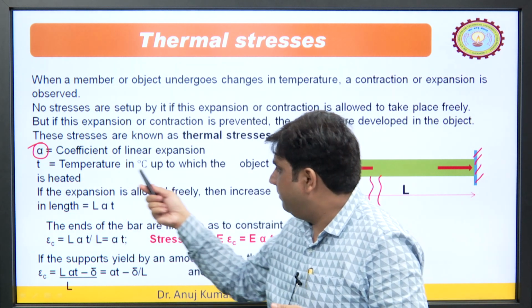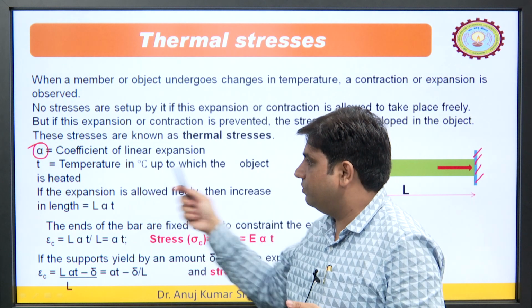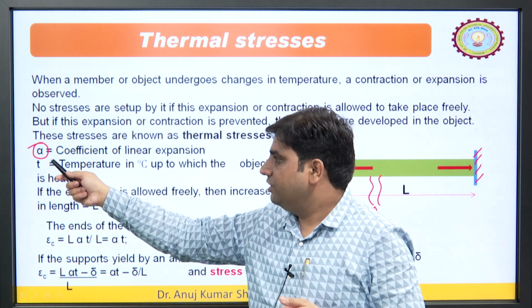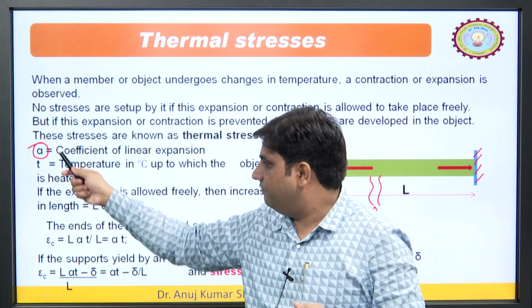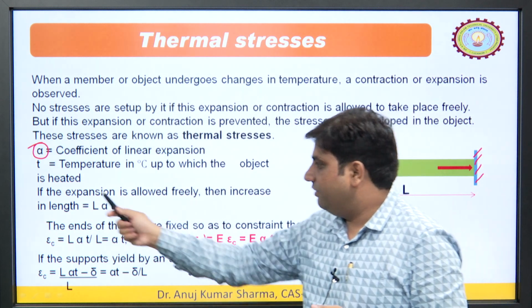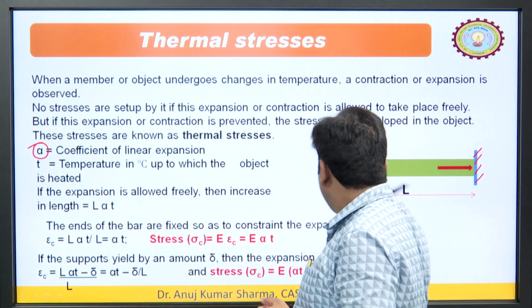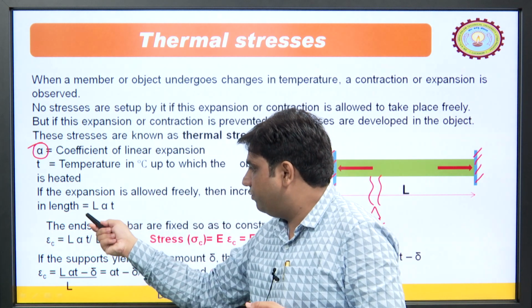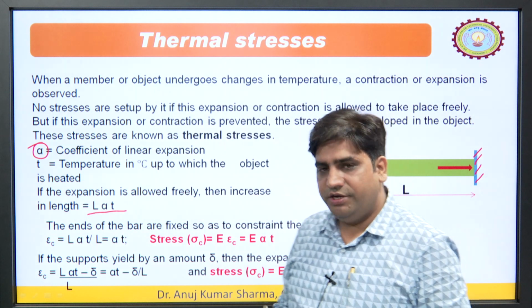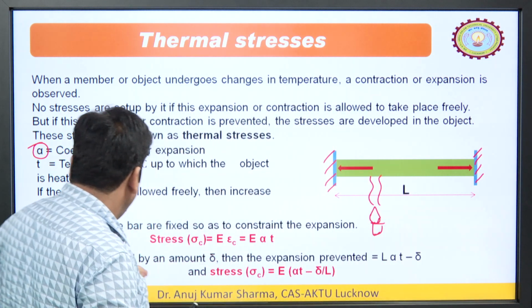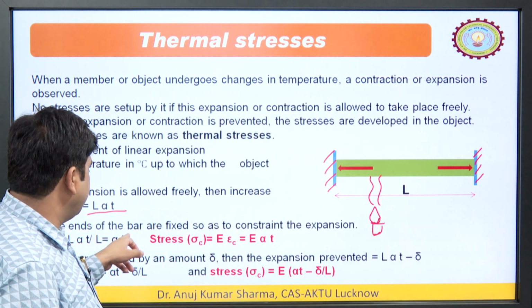Let us say we are increasing the temperature of this object by T degree centigrade. So, the total expansion would be alpha into T for unit length. Let us say the length of this rod is L. So, total expansion would be L alpha T.